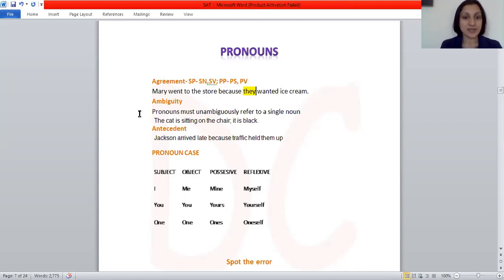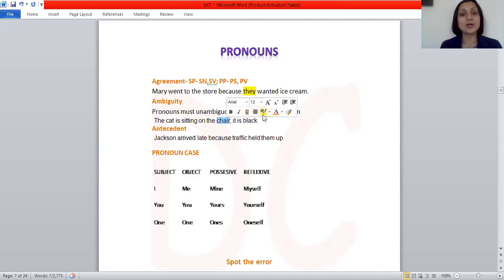For example, let's look at this sentence. The cat is sitting on the chair. So we're talking about the cat. Then it said, it is black. Our common sense will start thinking that we are trying to say that the cat is black. But this is pronoun ambiguity, because it, as a singular pronoun, can refer to the cat and it can refer to the chair.